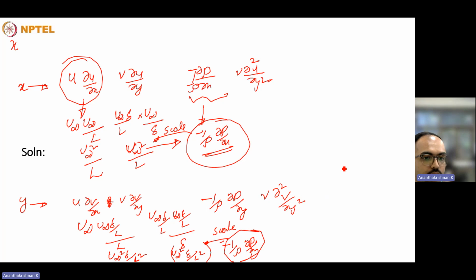We need to actually get the value of the gradients. In that case, we can write dP in terms of the pressure gradient in the x direction and the pressure gradient in the y direction.